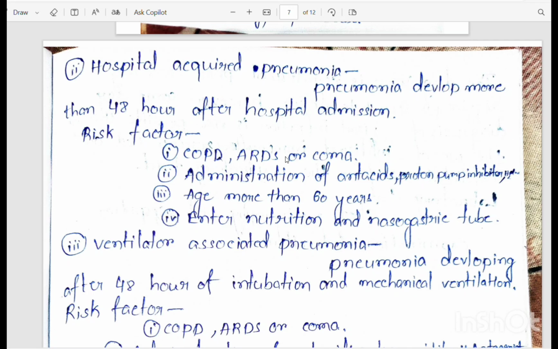And administration of antacids, which are mainly used to reduce vomiting, nausea or high gastric level. If the person takes antacids, for example aspirin, and proton pump inhibitors, which are also used to reduce the gastric level, nausea and vomiting. Examples of proton pump inhibitors are pantoprazole, rabeprazole, omeprazole.